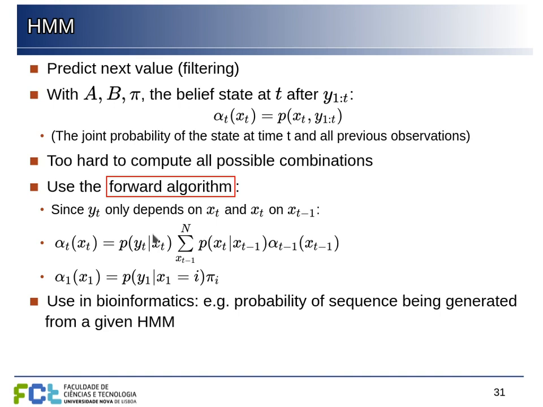But since the state at time t only depends on the state at time t minus 1, and the probability of emission at any time t depends only on the state at that time, we can compute this probability at time t using this forward algorithm.